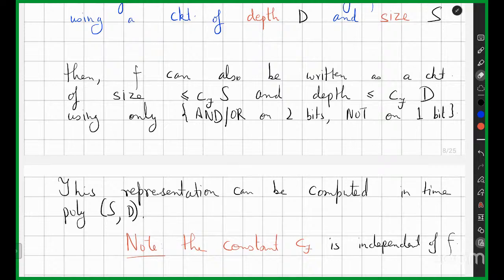The size is just the total number of internal wires, the things that are connected. That is one notion of size. The depth is the length of the longest path you have to take from the input to the output. That is some notion of time. So basically, how many gates will you have to cross to go from input to output? Okay. So that's the depth.